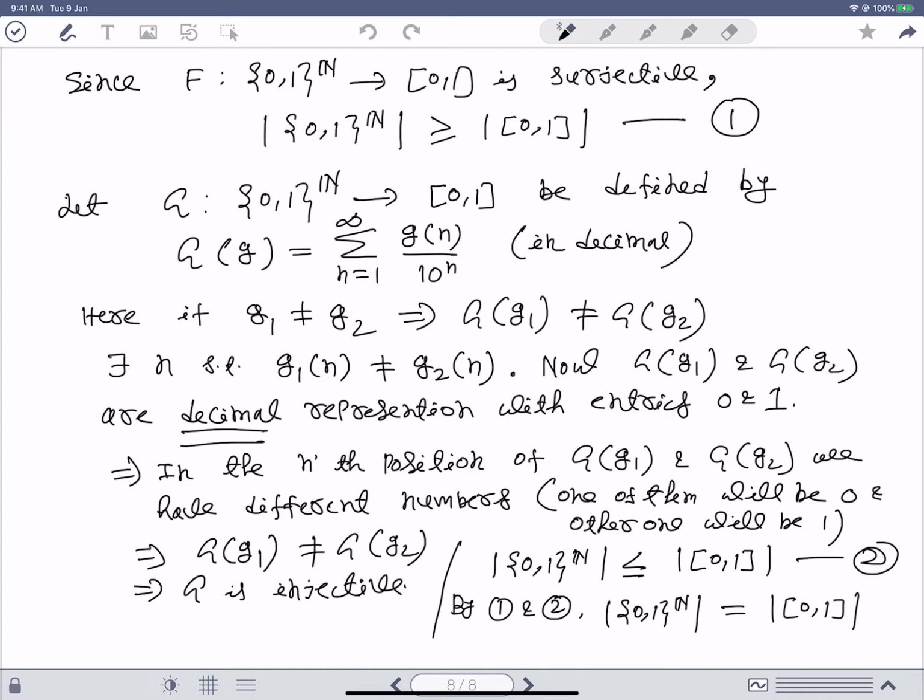Now here I just want to make one note on this: why this is surjective and how we can make it bijective.